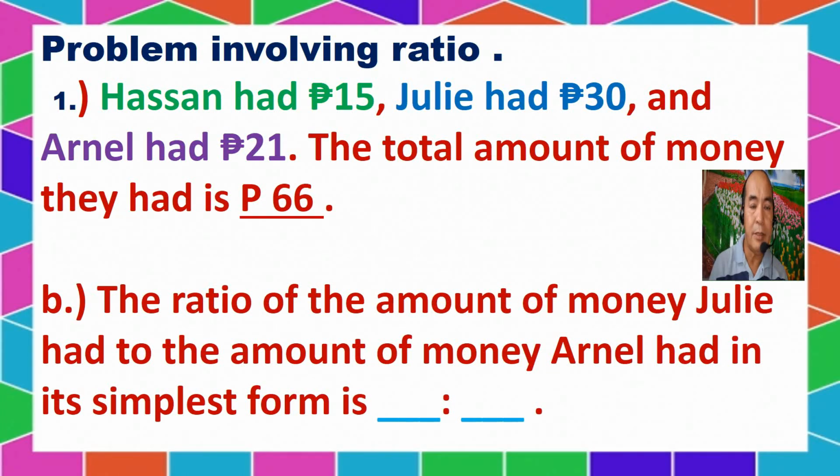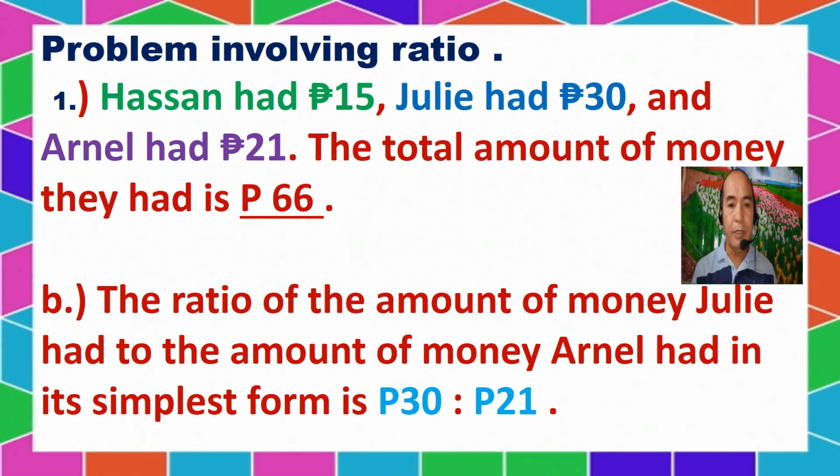So in its simplest form, first, we are going to find how much the money of Arnel is compared to the money of Julie. So we have the amount of money of Julie. How much? Julie has 30. Then, how much is the amount of money of Arnel? So we have Arnel had 21.